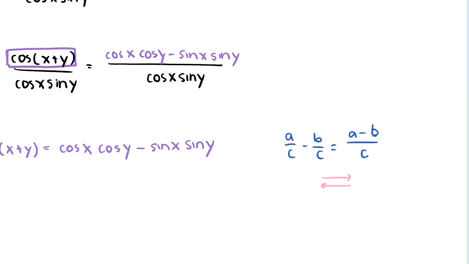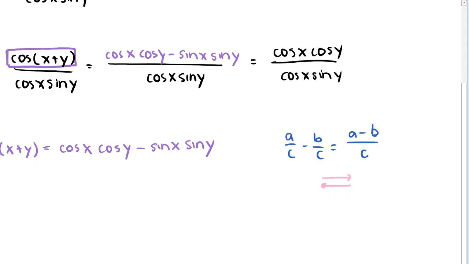So our fraction is equivalent to cosine of x cosine of y over cosine of x sine of y, minus sine of x sine of y over cosine of x sine of y. Now there's no addition or subtraction in the numerators of either fraction, so we just see the factors of each numerator and denominator.